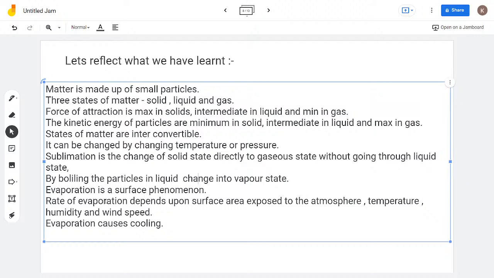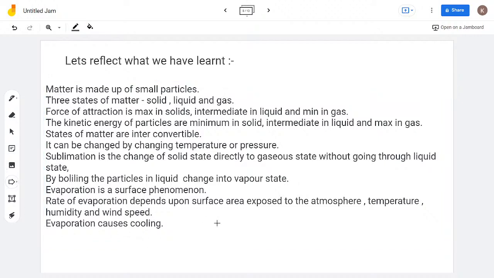Evaporation is actually a surface phenomenon and the factors which affect evaporation are rise in temperature, rise in surface area, decrease in humidity and increase in wind speed. Evaporation does cause cooling also. For this last one, the cooling part, evaporation causes cooling, we will learn about this in our next lecture.